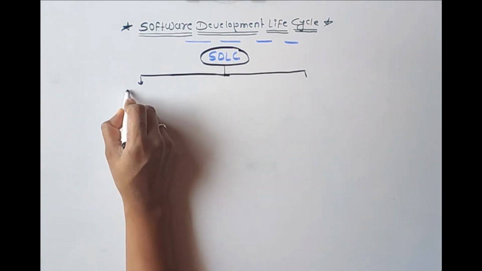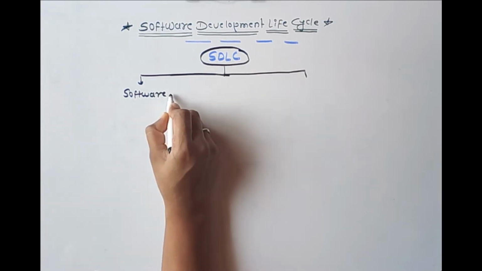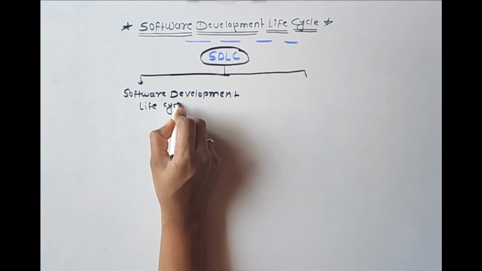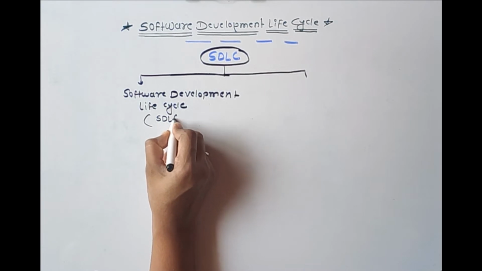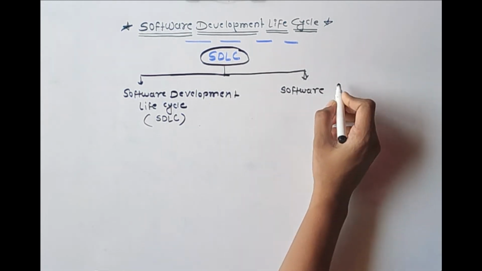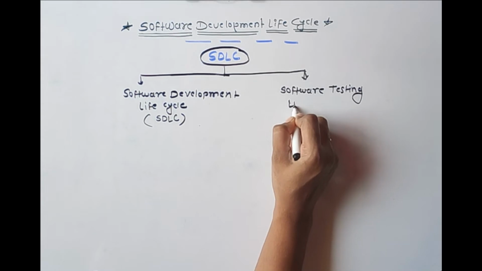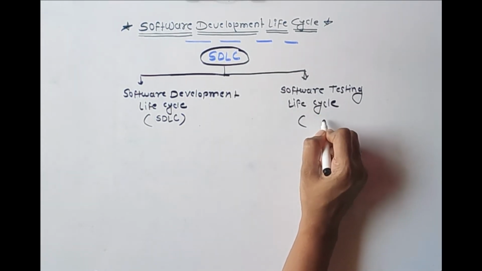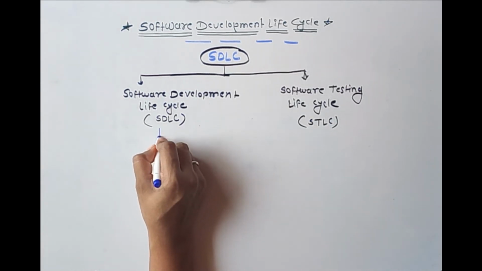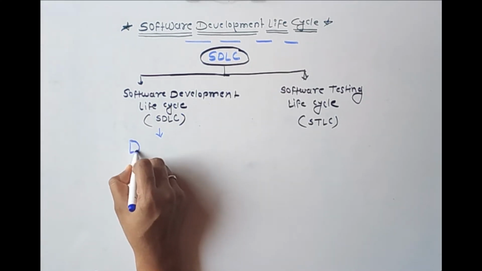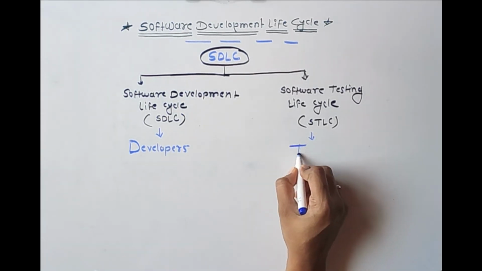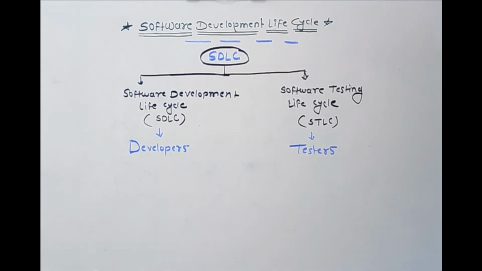The first one is software development life cycle, which we call SDLC. The second one is software testing life cycle, which we can say is STLC. In the software development life cycle, developers are involved, and in the software testing life cycle, testers are involved.